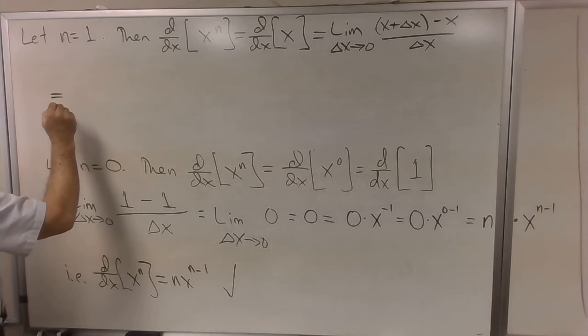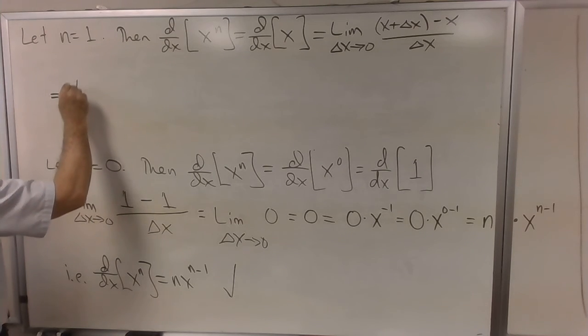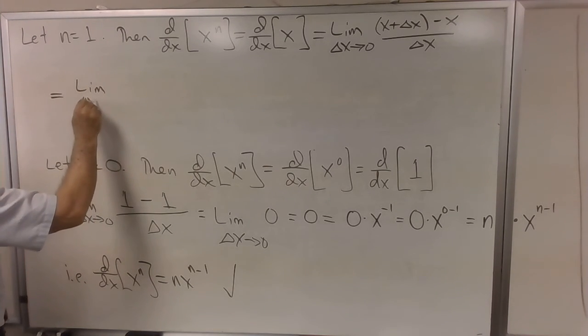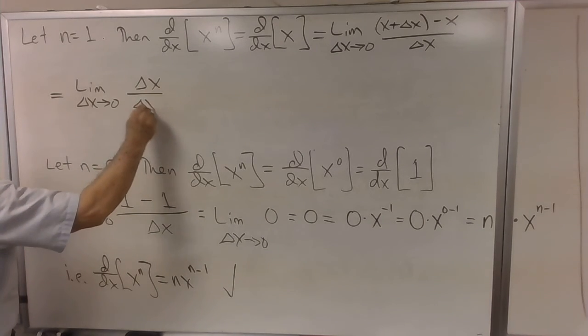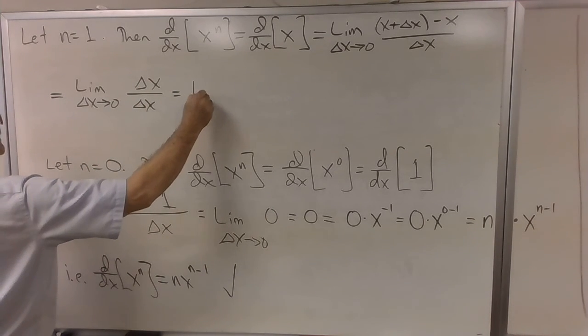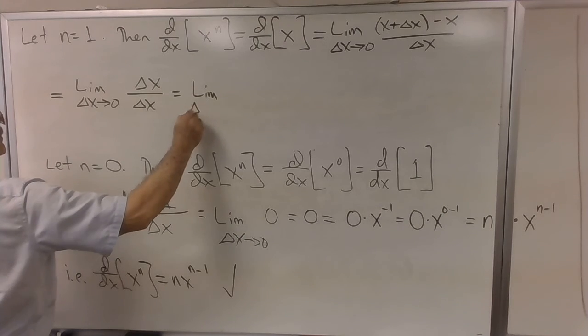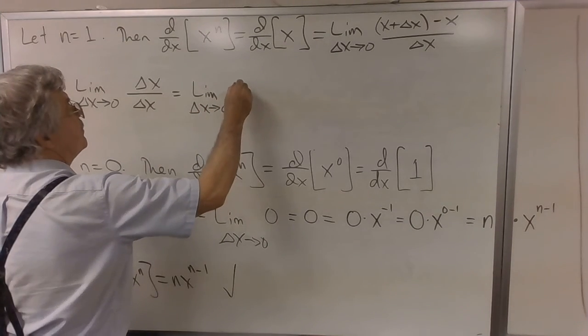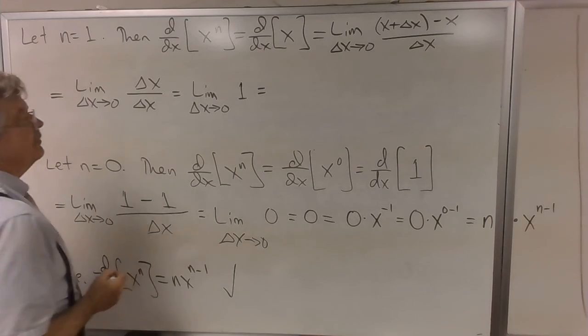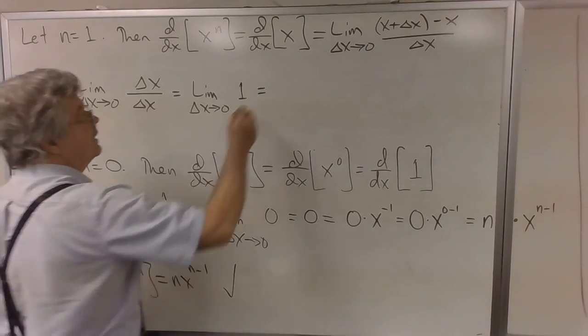And that's equal to the limit as delta x goes to 0 of delta x over delta x. And that's the limit as delta x goes to 0 of 1. And the limit of a constant is 1.